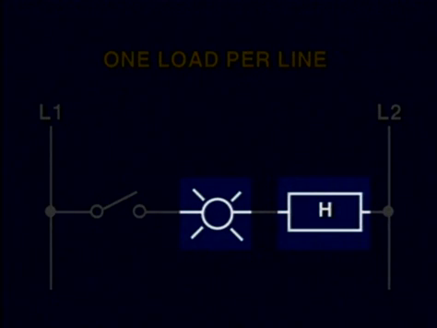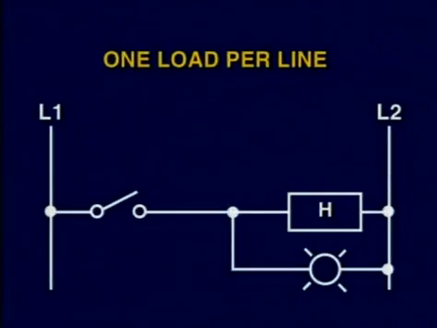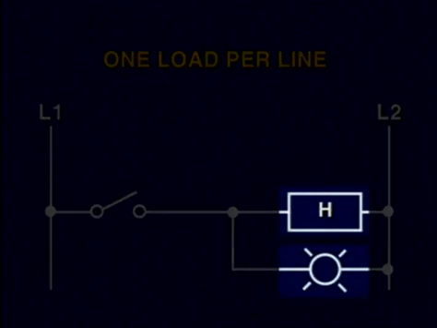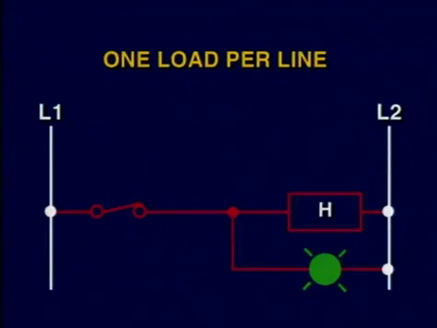So, to properly apply the one load per line rule, we would have to redraw the circuit like this, where there is only one load per line between L1 and L2. When the switch is closed, both loads will be energized or turned on.